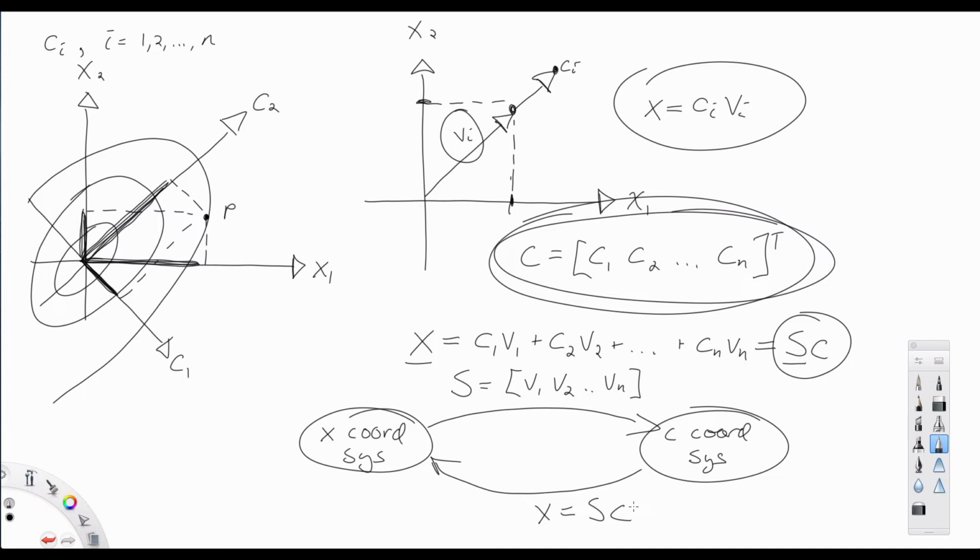But then how do we go the other direction? Suppose we have a value for the vector x and we want to get a value for the vector c, then we can just use the inverse of the matrix S. So we get c is equal to the inverse of the matrix S times x.